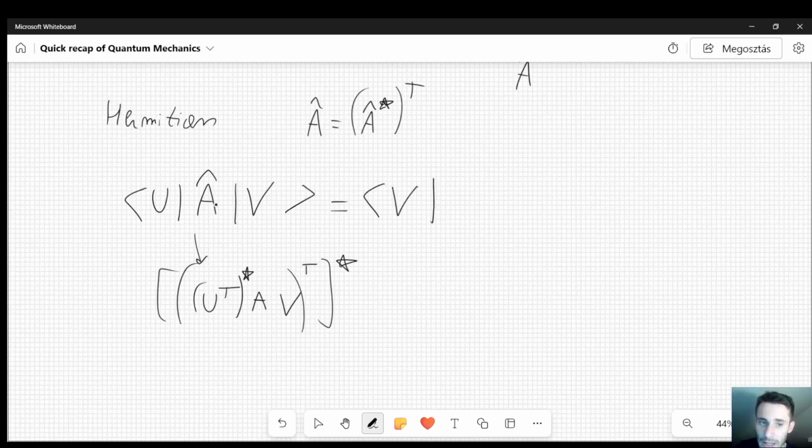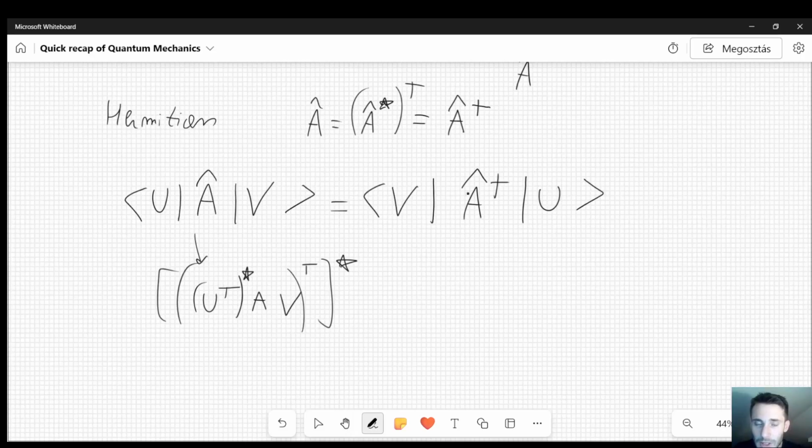V goes on the left, then we have A transpose complex conjugated, so there is a symbol for this, and in particular it is denoted as A with a dagger. So we have A dagger, and then we have U, like this.